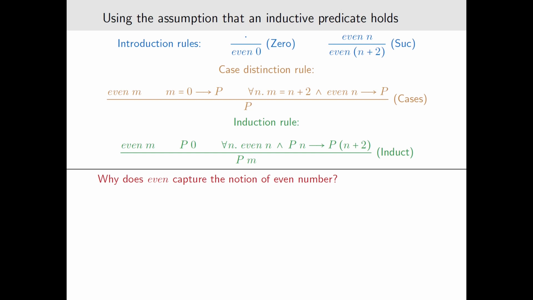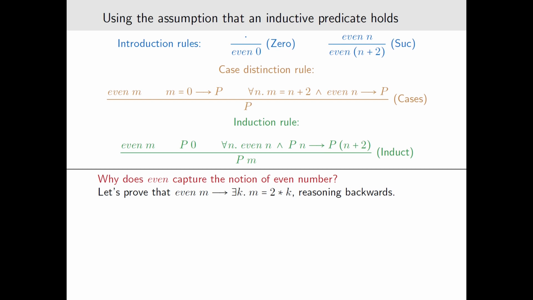Back to our old question: why is this the correct definition of even? In this case, it's kind of obvious, but again, we can prove that the alternative closed form definition is equivalent to the inductive definition, which displays inductive reasoning, right?